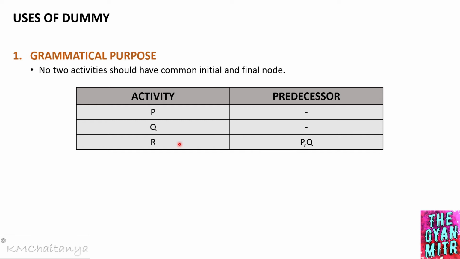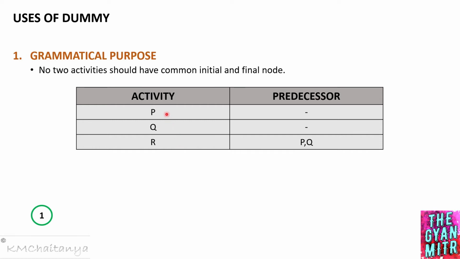As mentioned in the previous video, an activity on arrow network always starts with one single initial event, or node, which is represented by a circle. I have labeled it as the first node or the first event.